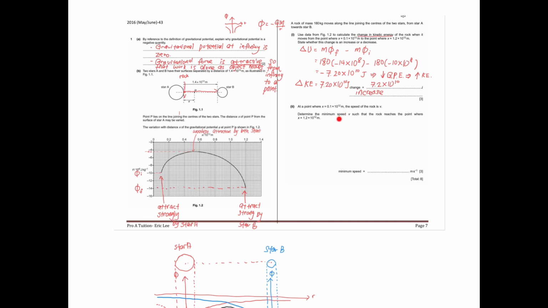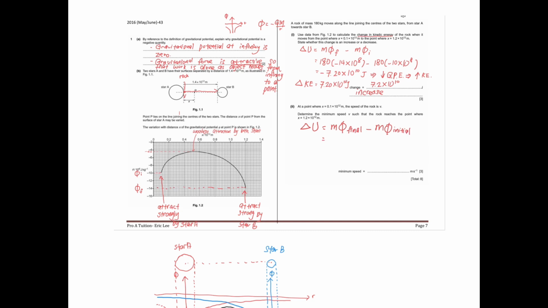the question again. So in order to have just enough energy to reach here, we have to see how much change in gravitational potential energy from here to here. How much change in gravitational potential energy? So again, we are going to use delta U equal to m phi final minus m phi initial.